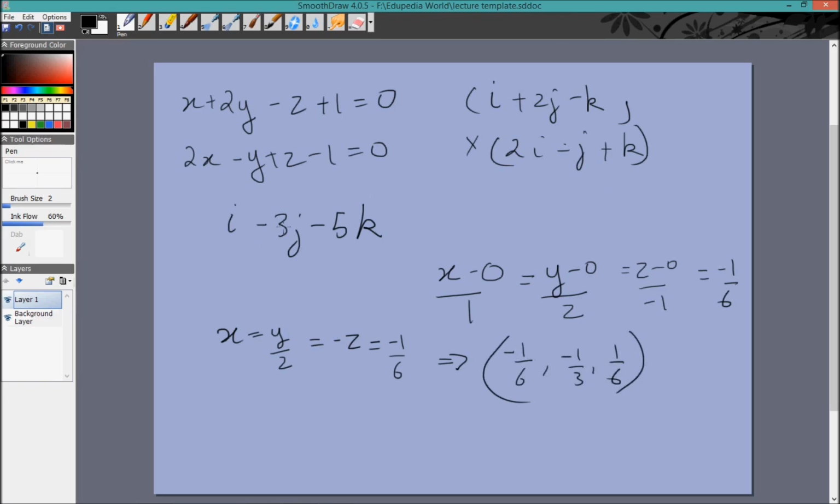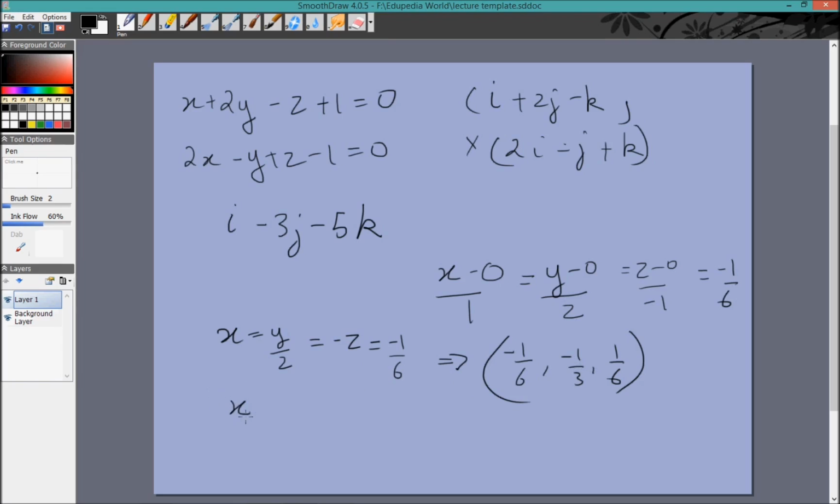Right, so we were given that the original line passes through the origin. So what we did is we took the perpendicular from the origin to this plane. That gives us this point. So we know that the line M has to contain this point. Right, so the line M contains this point and the direction ratio of the line is this. We know how to construct the equation of a line if we are given the direction ratio and a point. So it will be x minus this equal to y minus that is equal to z minus that is equal to lambda.